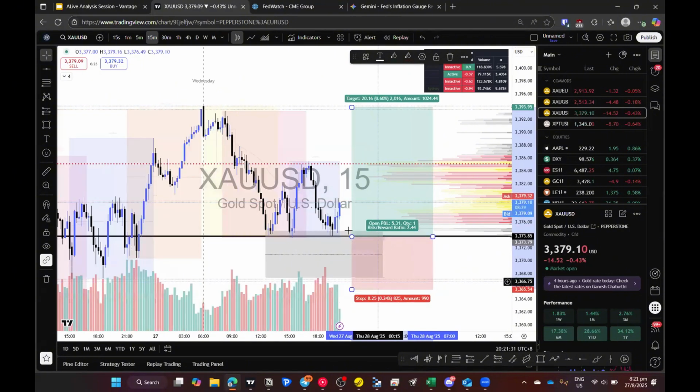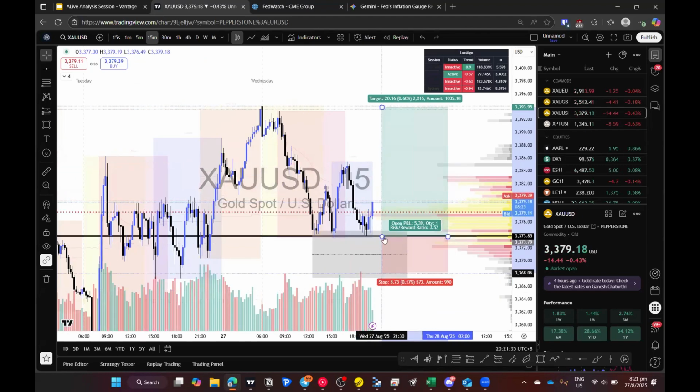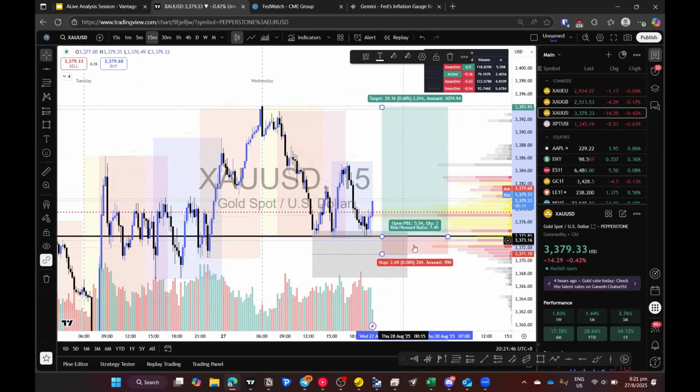But if you're going to enter here, you will probably not want to sit in that trade below this level. So then you can actually move up your stop loss to half of this area here, giving you sufficient space for 1:7.49 risk to reward.